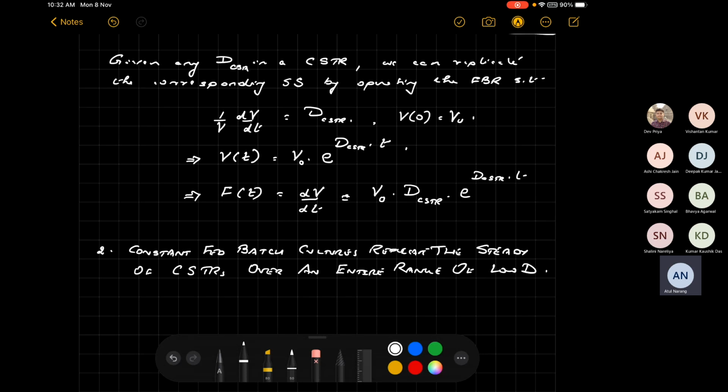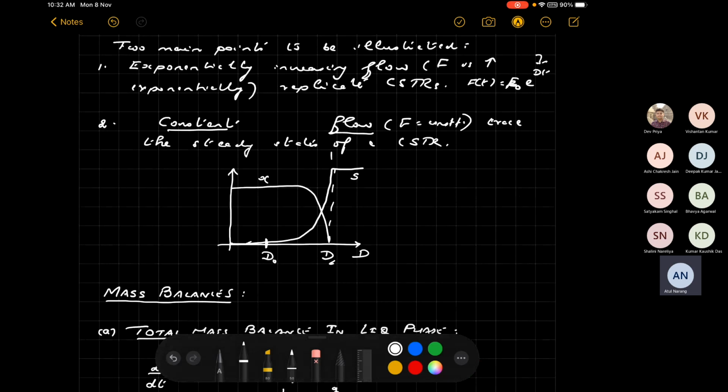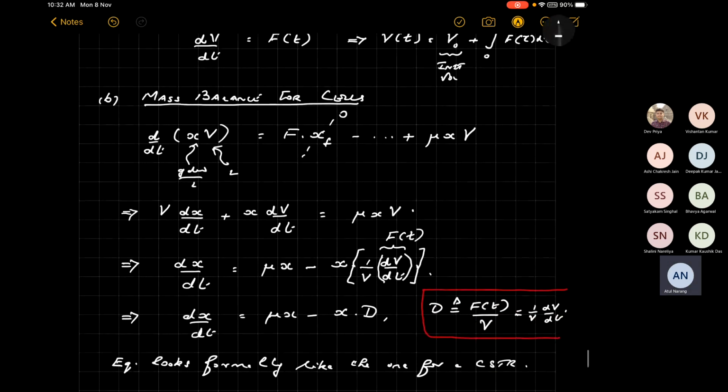When we run the fed batch culture with constant feed, then what you will do, as I pointed out in the figure, is effectively start off at a low dilution rate and essentially trace all the steady states that are observed. Your D is slowly declining, and as D slowly declines, you observe all the X, the S, the P, whatever protein, whatever you have in a CSTR, you will trace them moving to the left.